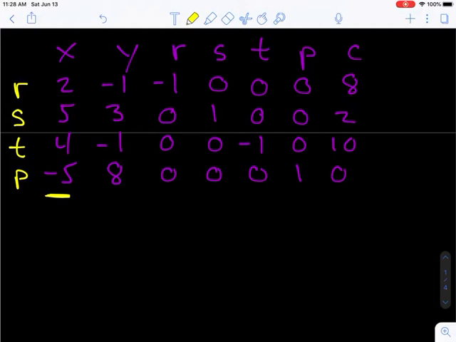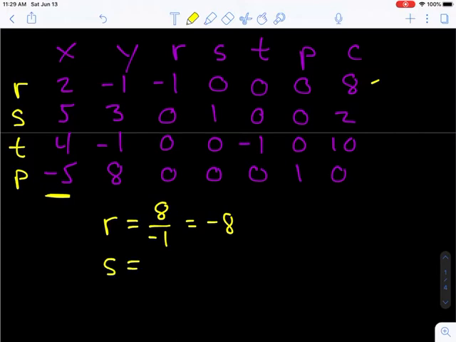So let's just recall how we determine the value of an active variable. The first active variable is r. To determine the value of r, we go to the constant, which is 8, and divide it by the value in the r column and the r row, which is -1. That gives me r is equal to -8. And that's because we have the -1, the surplus variable, in that position.